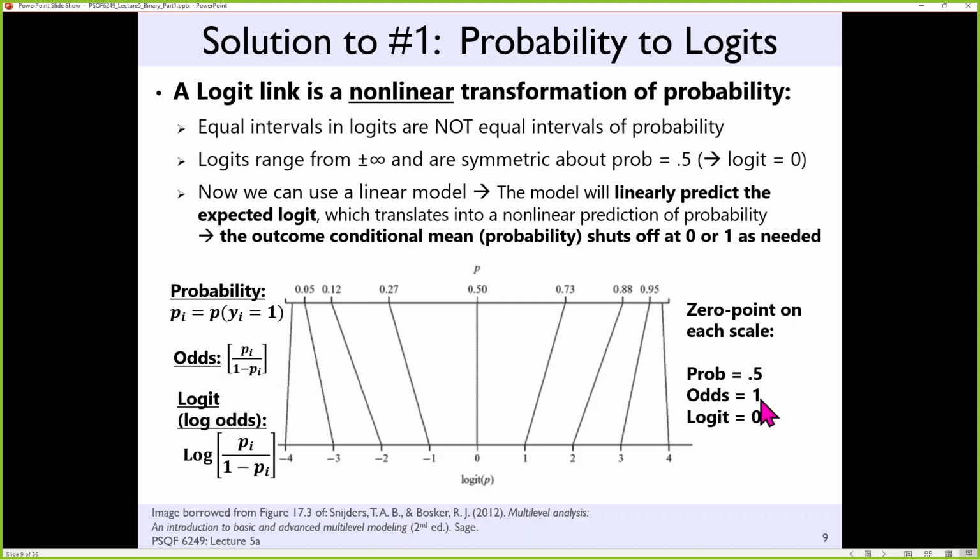So the neutral point on that is 1, because 0.5 divided by 0.5 is 1. Logits, or log odds, then take the natural log of the odds, so their neutral point is 0. So a logit of 0 corresponds to an odds of 1, corresponds to a probability of 0.5 of predicting a response of 1.